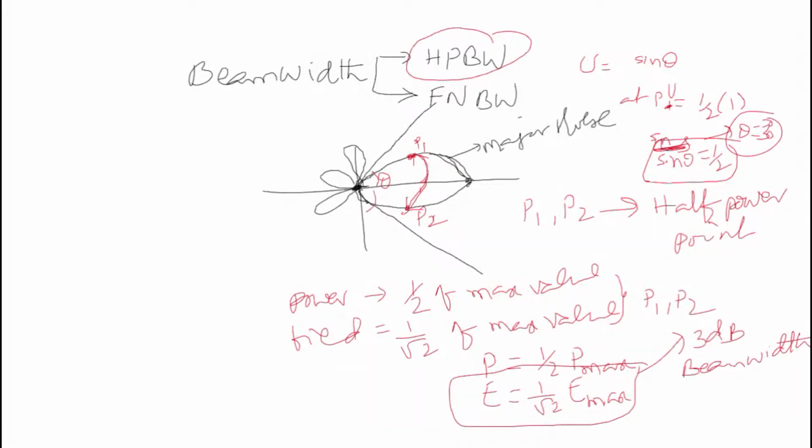And here also you have theta. Adding theta plus theta gives the total angular width. In this case, the half power beam width is equal to theta plus theta, which gives 60 degrees.